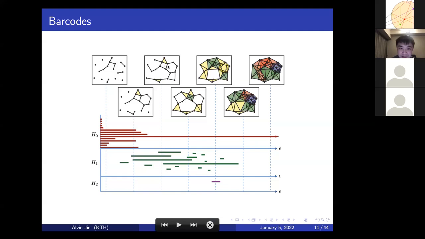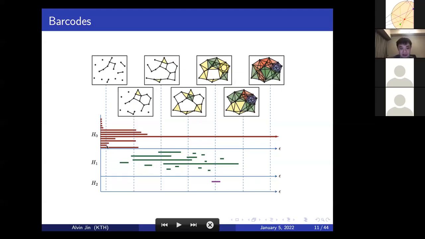In this step, there are 3 holes, so there are 3 circles here: 1, 2, 3. And that corresponds to these 3 bars here, and so on and so forth. As you increase the radius of the balls, this figure slowly gets filled. And at the end, when all the balls intersect, you just get one connected component, and that's it.